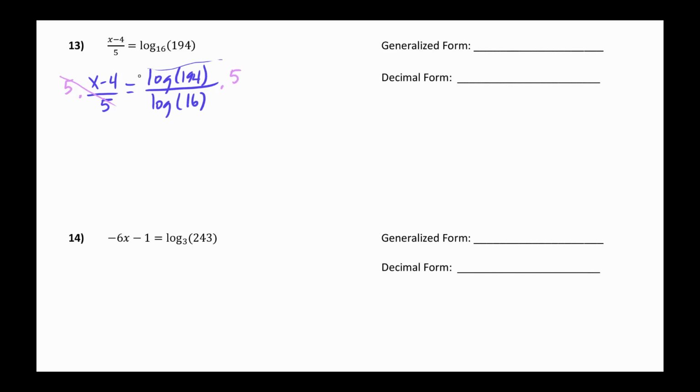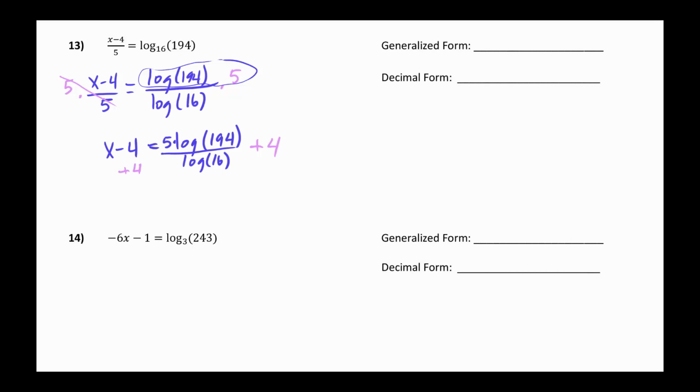Now there's a special way that we can rewrite all this top stuff. So I have x minus 4 equals log of 194, but I multiplied it by 5, so I should technically put a 5 out in front. Normally those numbers go first. Divide that by log of 16. So I've just snuck the 5 right up top, kind of like how in the previous problem I snuck the division on the bottom. So how do I get rid of the minus 4? Well, you guys should know how to get rid of subtracting 4. You add 4 and then you add 4 at the end.